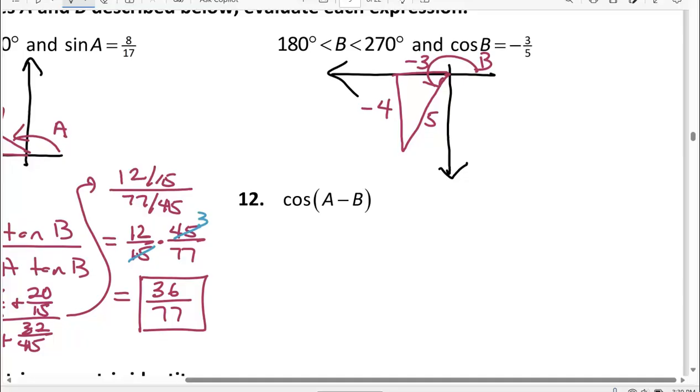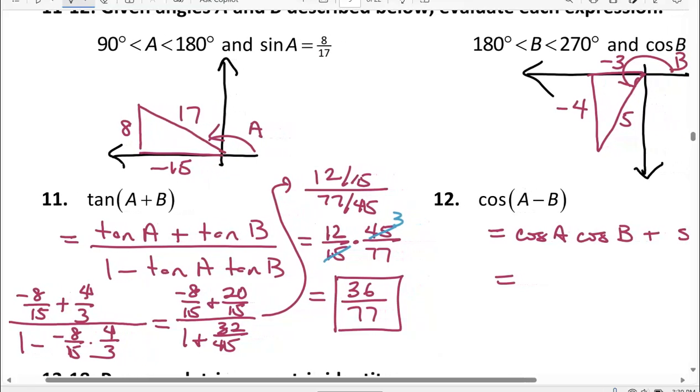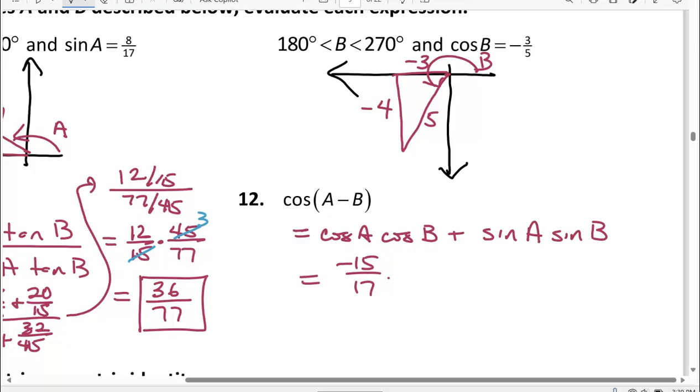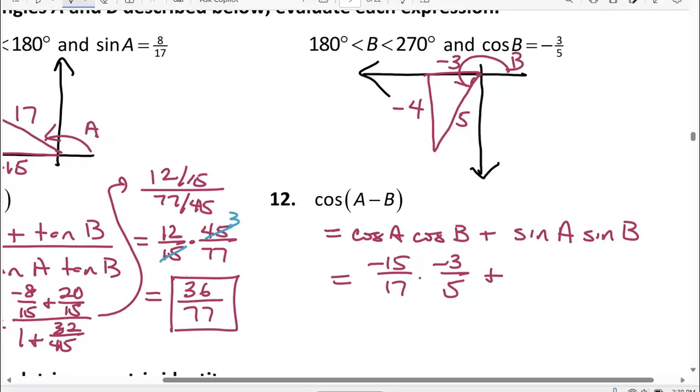In number 12, we have cosine of A minus B, which is cosine of A times cosine of B plus sine A times sine B. Cosine of angle A is adjacent over hypotenuse, that's -15/17. Cosine of angle B is adjacent over hypotenuse, that's -3/5. Sine of angle A is opposite over hypotenuse, that's 8/17.